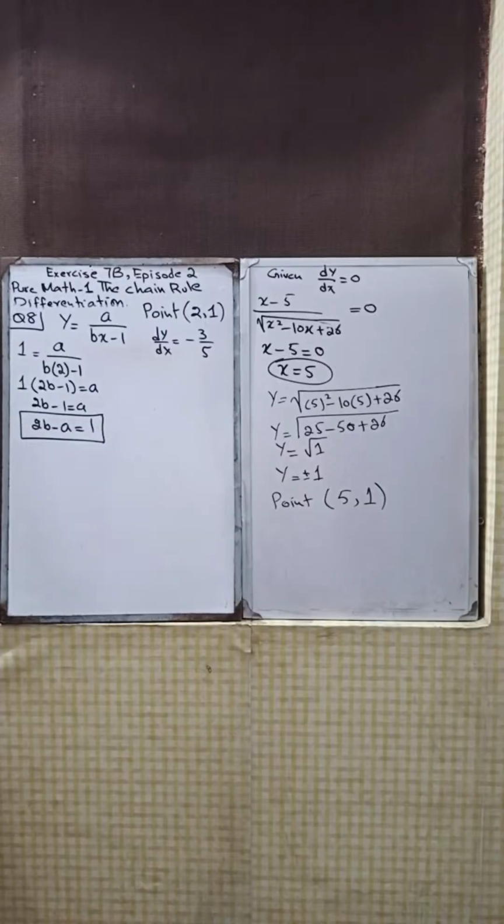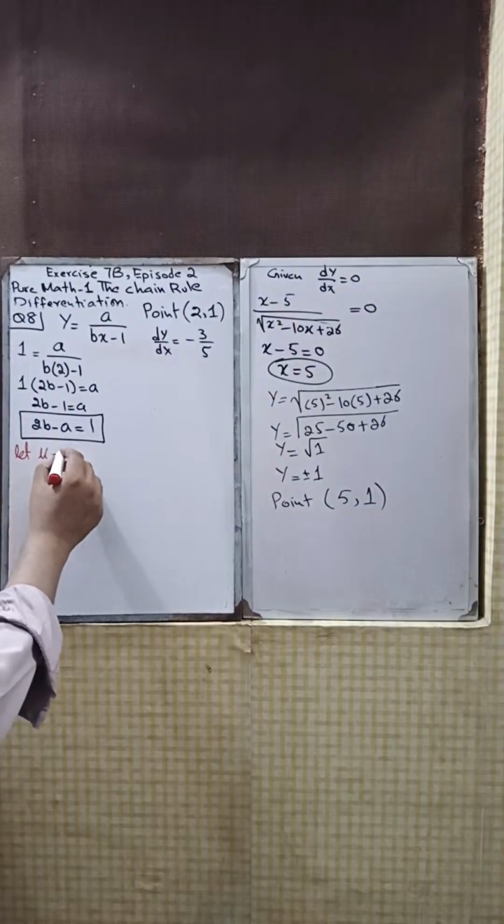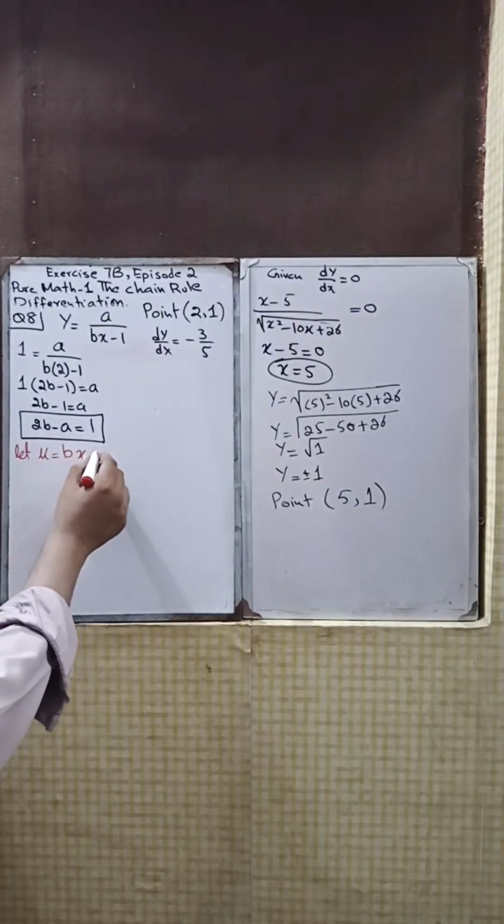The other information they gave us is that at this point, the gradient is minus 3 by 5. So what we will do, we will differentiate this. Now I will let u be equal to bx minus 1.